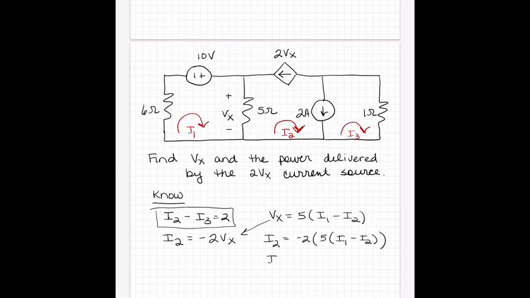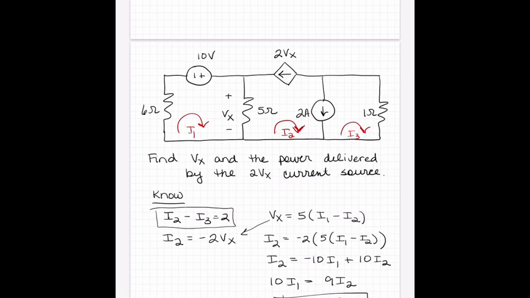And so now I've got I2 is equal to minus 10 I1 plus 10 I2, or 10 I1 is equal to 9 I2, or I1 is equal to 0.9 I2. Okay, so we have this equation now. So we know what I1 is in terms of I2.